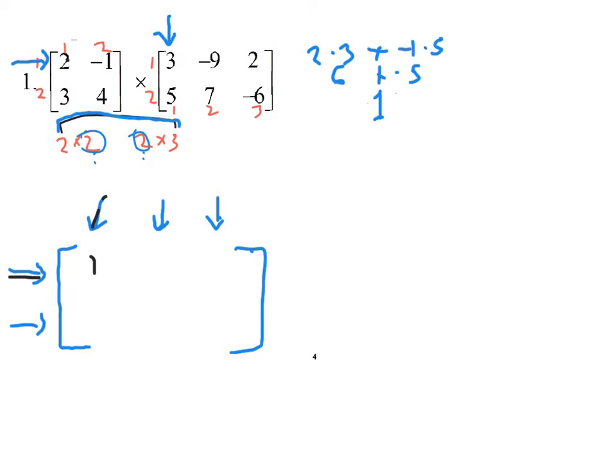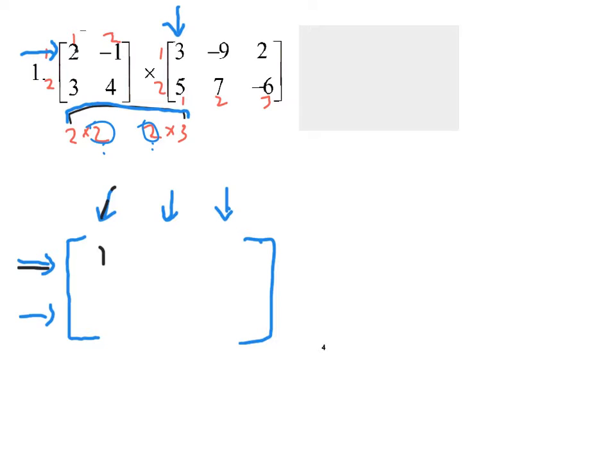All right, so let's just do it again. Next, we're going to fill in this spot right here. We're going to do the first row, second column answer. And so we go first row, second column.